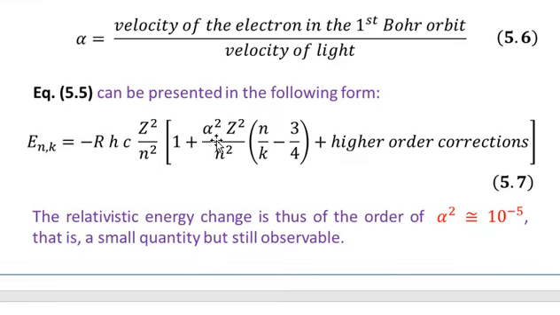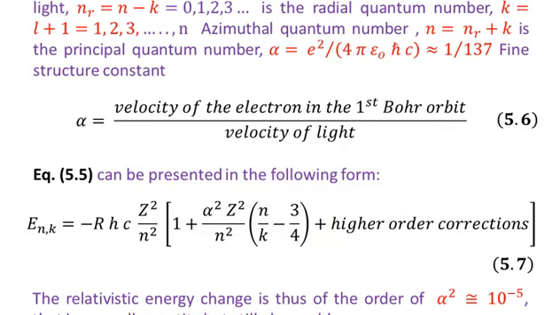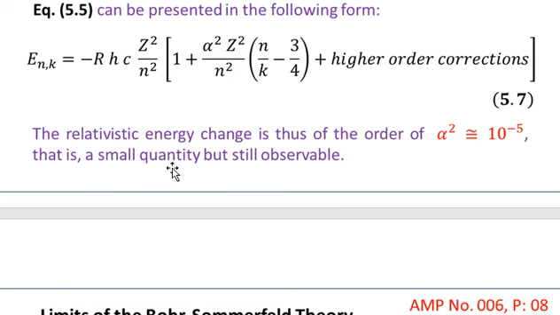Now you can see that alpha squared is present. The value of alpha has already been given, which is equal to 1 over 137, and the square of this quantity will be very small. So the relativistic energy change, which is due to the presence of alpha squared, is of the order of 10 to the power of minus 5.